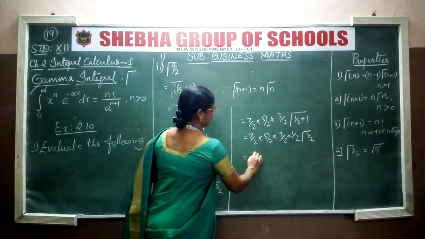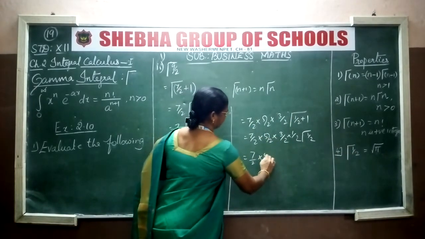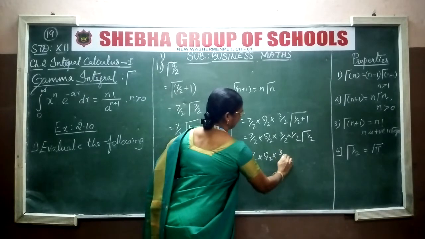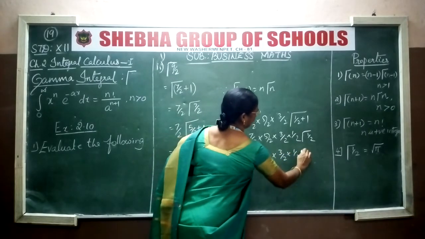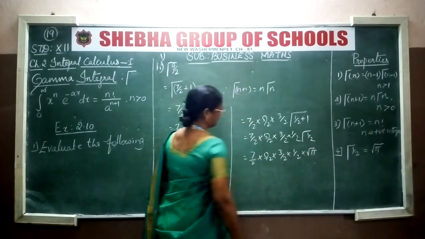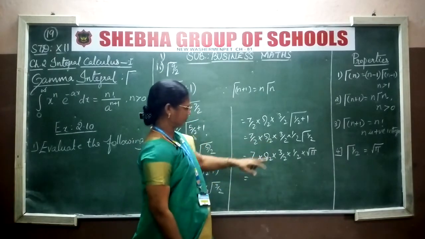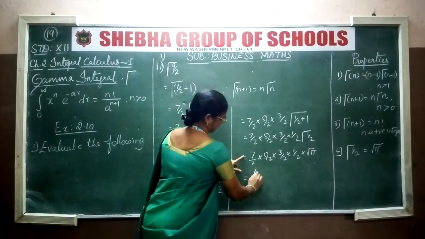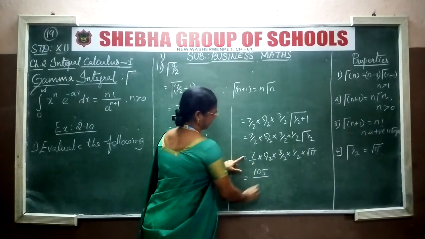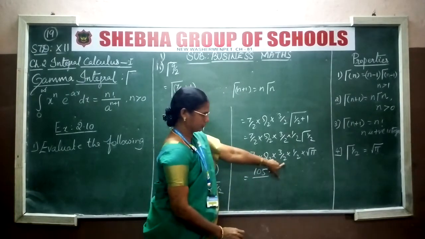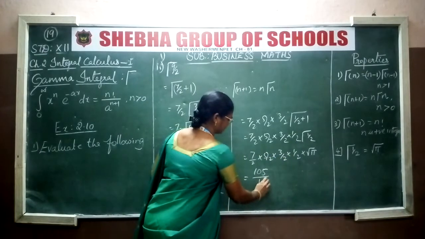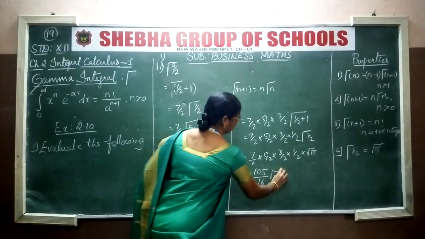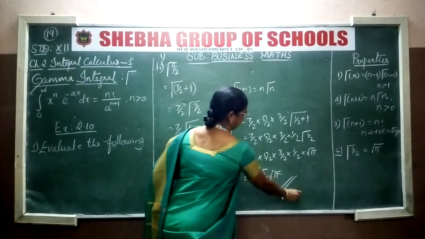Using this we get 7 by 2 into 5 by 2 into 3 by 2 into 1 by 2 into root pi. So multiplying all the numerators, 7 into 5 into 3, 15 7s are 105, by 2 into 2 into 2 into 2, 4 times, so we get 16 into root pi. This is our answer.